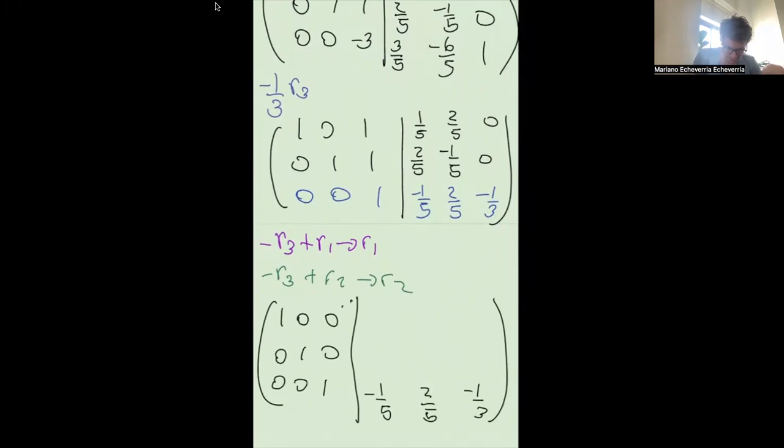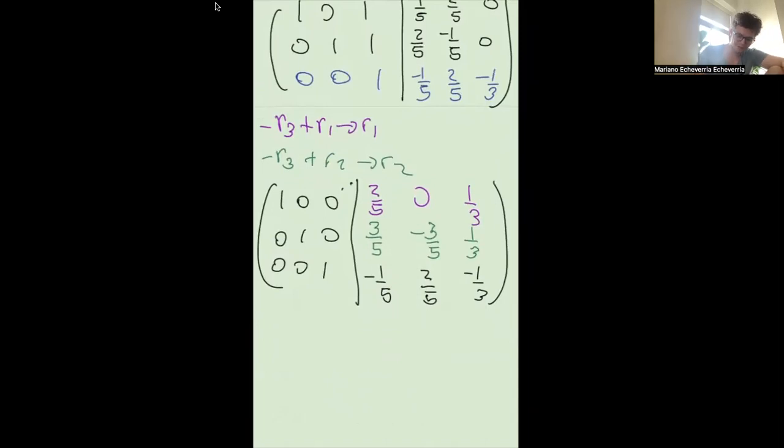So when you do minus row 3, you get 2/5 on this one. You get 0 on this one. You get 1/3 on this one. And then you get 3/5 here. You get -3/5 in this one. And then you get 1/3 in this one. If I did it correctly.